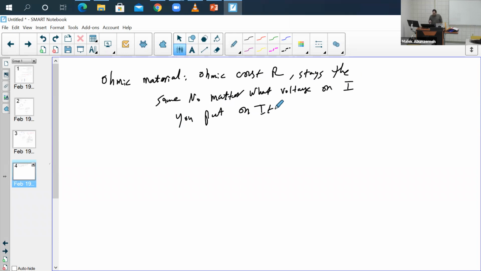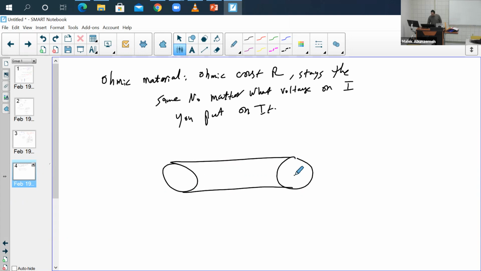That's where we introduce the resistivity. So let's say this is your resistor right over here, with wires coming out of it. Your current going in, your current going out. Again, that's your length.